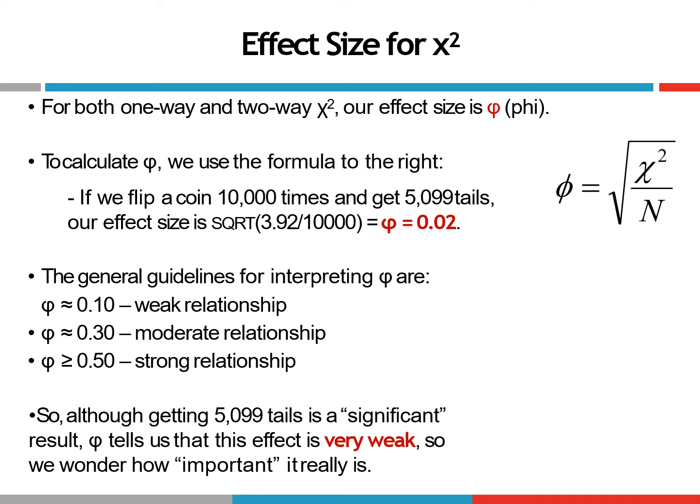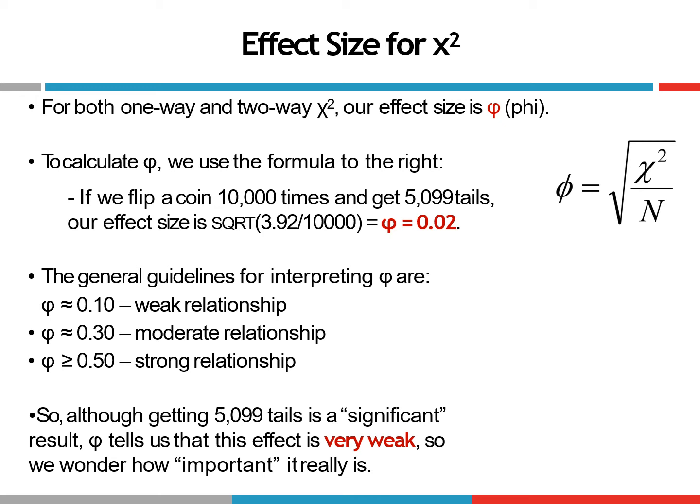Okay, so now that we know the formula for calculating phi, simply the square root of your chi-square value divided by N, how do we interpret that value? What does that 0.02 mean, right? Well, we have guidelines that we can refer to.